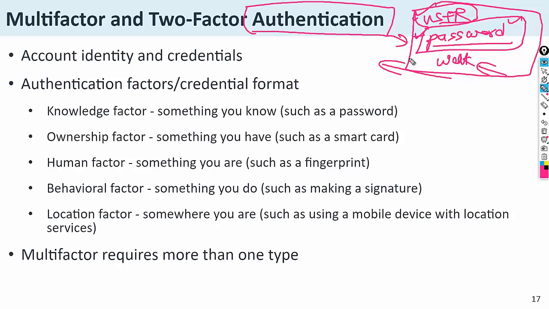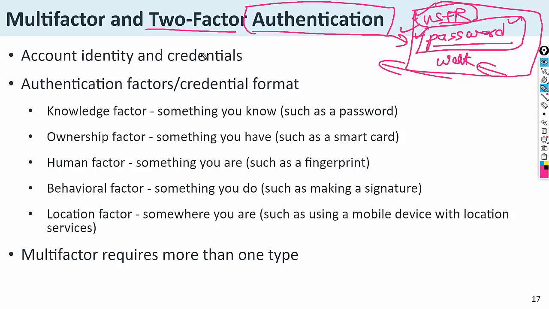So how will the security be enhanced? Organizations enhance the security of authentication by using two factors. It means you have to provide two mechanisms for authenticating, or it is called multi-factor.